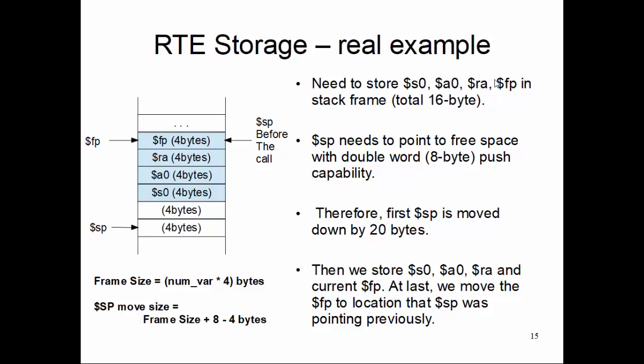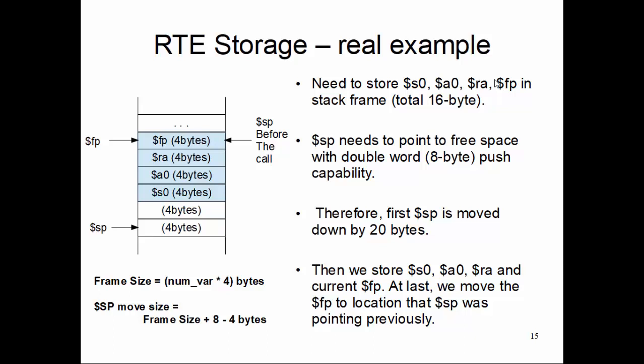Again, like RA, it's good practice to have FP stored as well. So in this class, assume that, irrespective of your implementation of the function, you always store the frame pointer and RA.